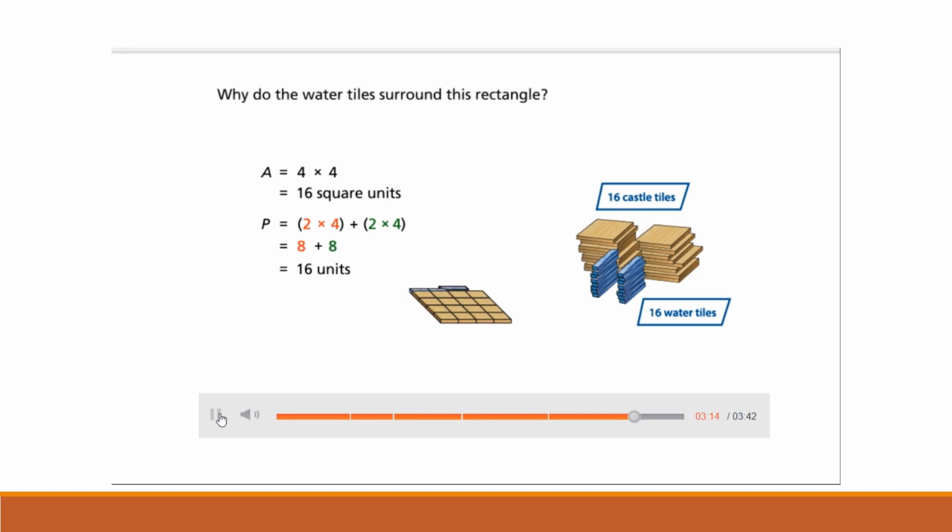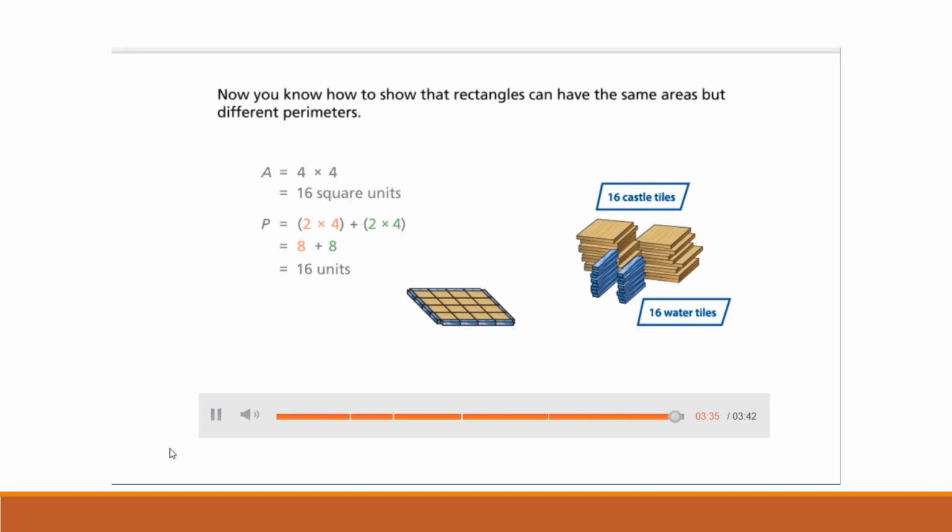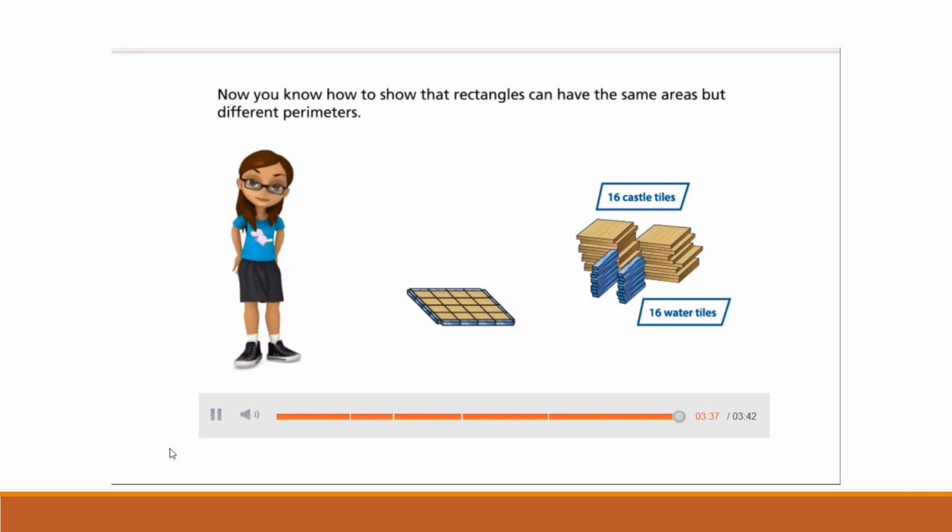Why do the water tiles surround this rectangle? Because the perimeter is 16 units and there are 16 water tiles. Only the 4 by 4 castle can be surrounded by 16 water tiles. Now you know how to show that rectangles can have the same areas but different perimeters.